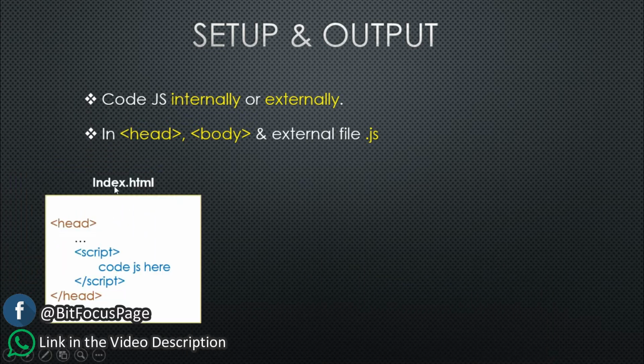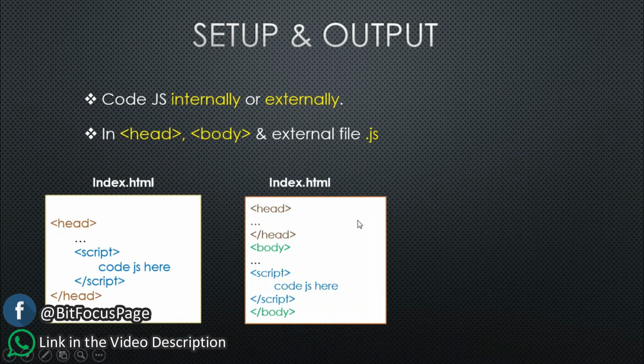So you see, it is an HTML file, index.html, and you see the script code is inside the head. The second one is writing the JavaScript code inside the body of an HTML page.